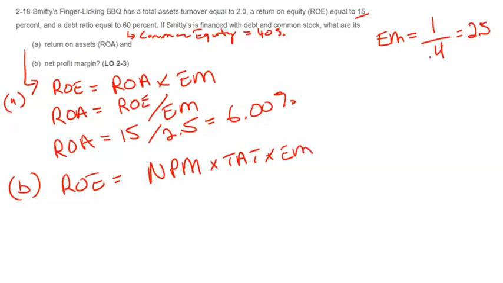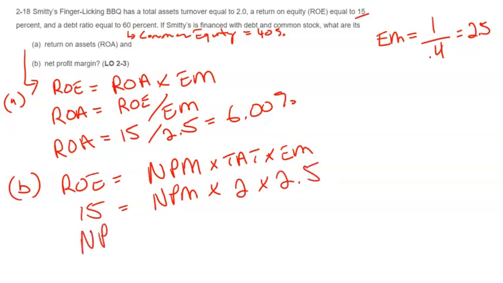So we plug in what we know. 15 is equal to net profit margin times total asset turnover 2 times 2.5, the equity multiplier. We can rearrange, and net profit margin is equal to 15 divided by 2 times 2.5, which is 5, so that's 3%.